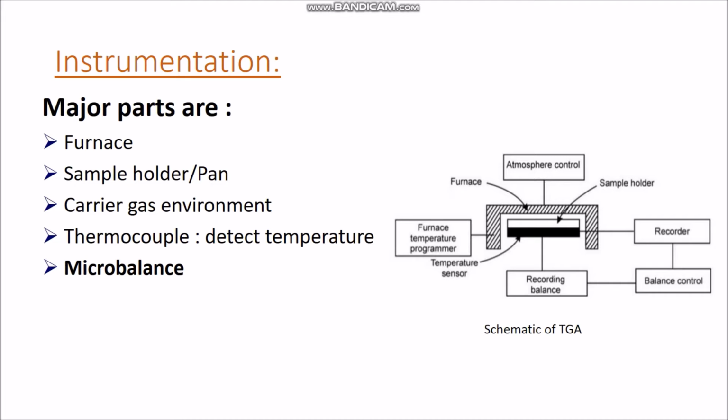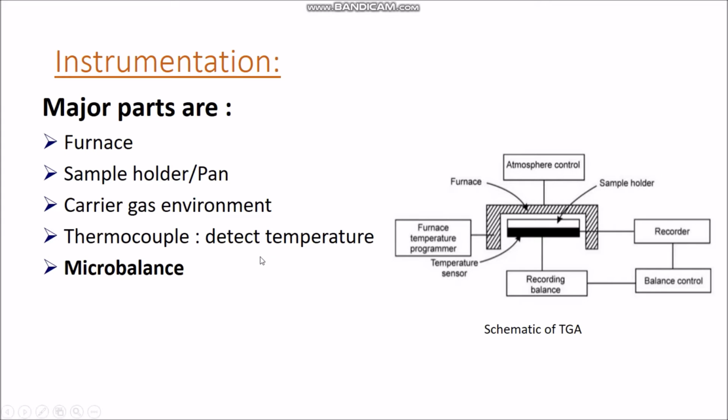In order to maintain an atmosphere within the TGA instrument, we can use carrier gases. Depending on our requirement, we can choose the carrier gas. If you want to do it in a reactive environment, then you will use oxygen or carbon monoxide gas. Or if you want to do it in an inert environment, you will use nitrogen or argon gas.